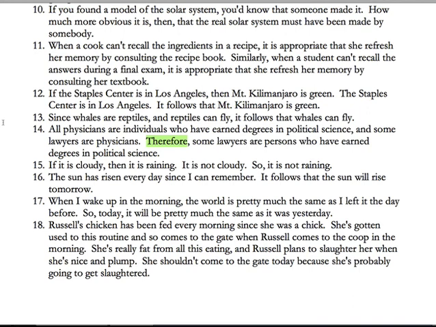I know that in terms of punctuation, we have a single grammatical sentence, but we can break that sentence apart by putting a period right here after the comma and eliminating the conjunction. So we have the two premises and the conclusion, some lawyers are persons who have earned degrees in political science.